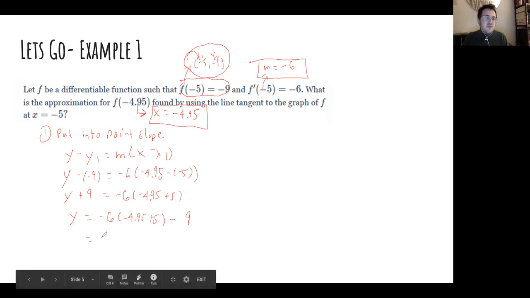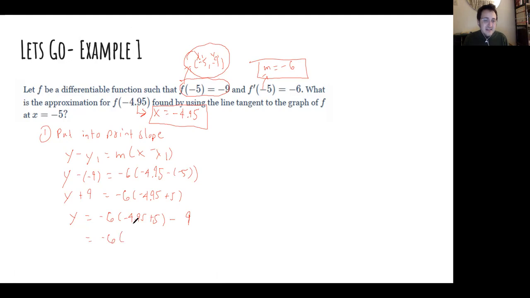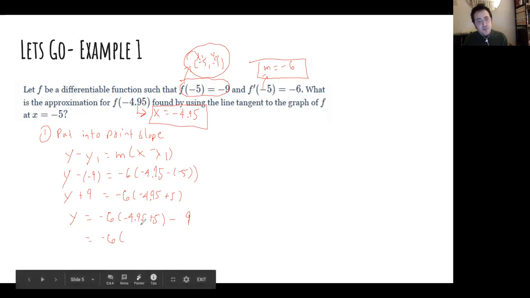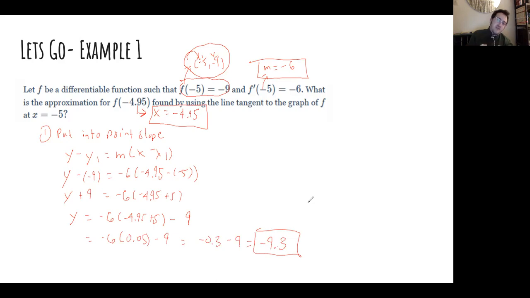And I'm just going to add -4.95 plus 5. That's 0.05, times -6 is -0.3, minus 9, or -9.3. So on the linear approximation level 1s, you know, we're going to be at the level of your mastery.